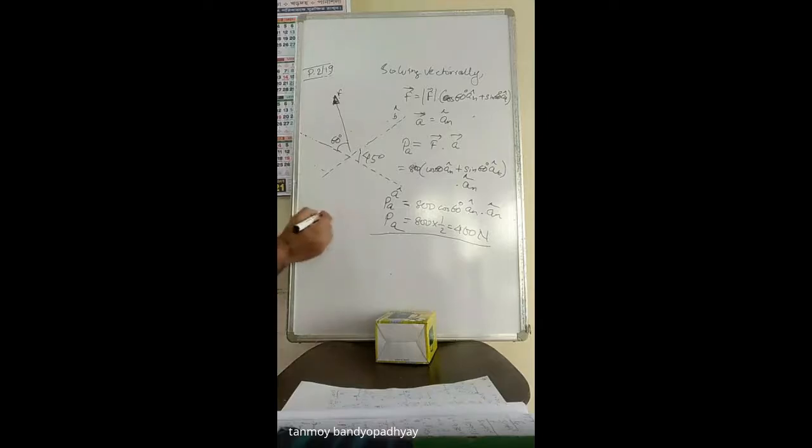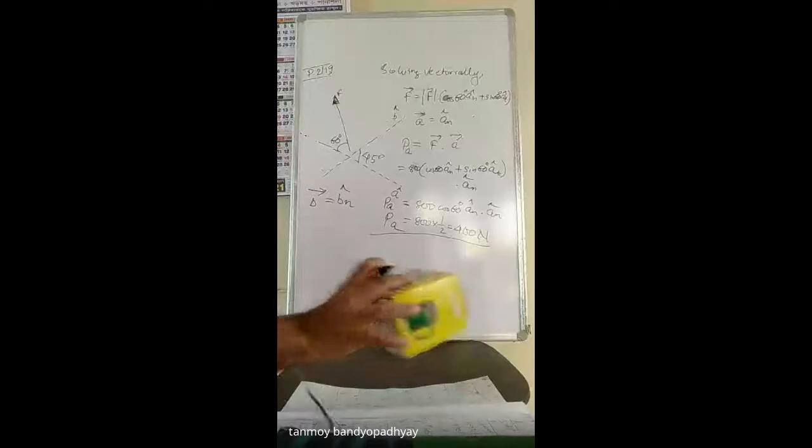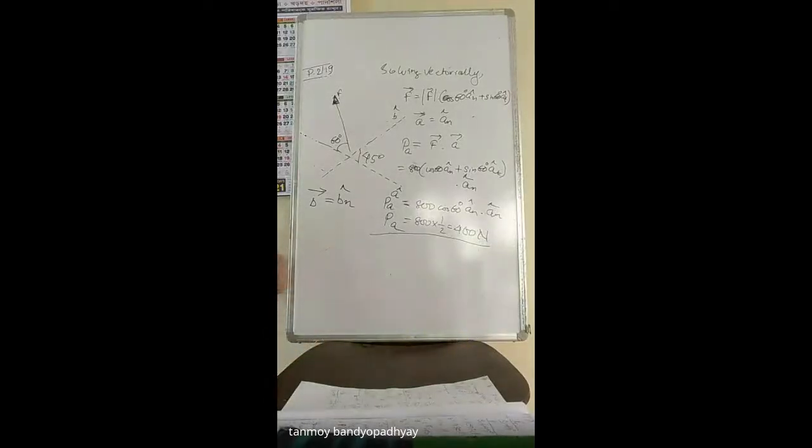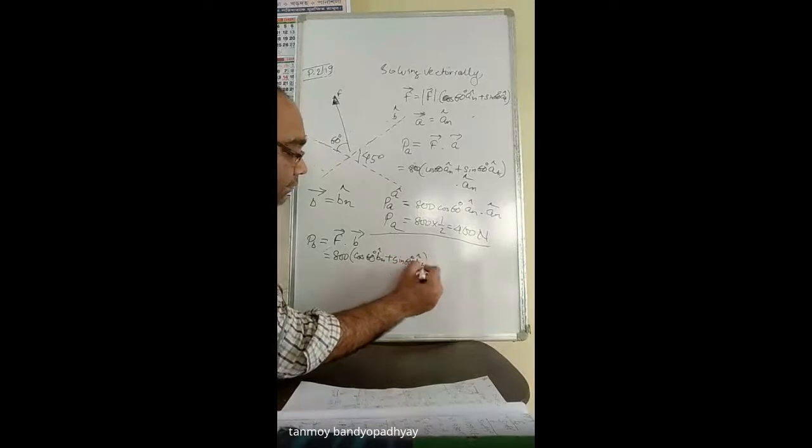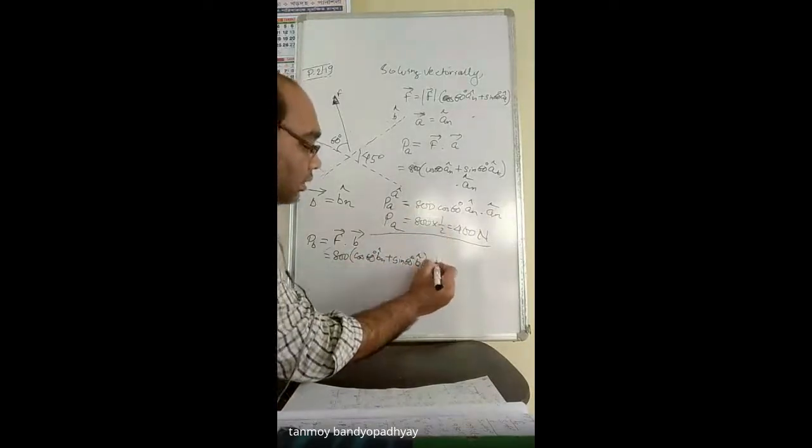Similarly, write: the unit vector in the direction of B is given by Bn cap. So the projection of the force on the B axis will be given by vector F dot vector B. That is equal to the force, 800, into cos 60 Bn cap plus sin 60 into Bt cap, dot vector B, which is Bn cap.